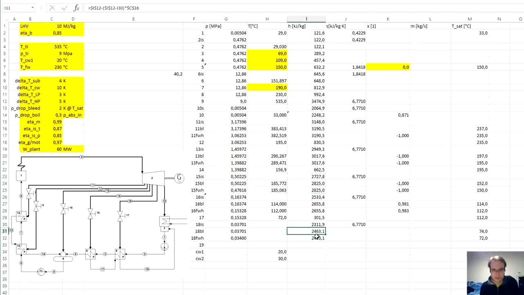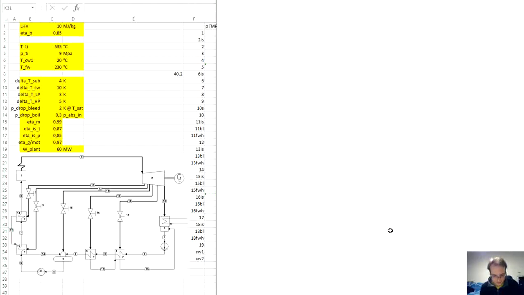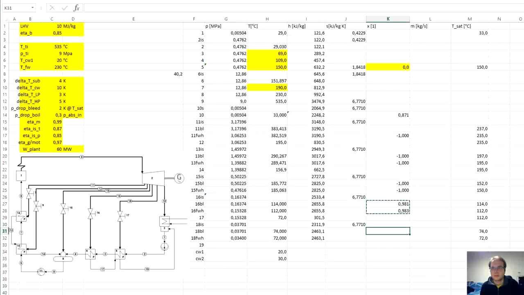Just checking if the equations are correct. And we get the temperatures and qualities.